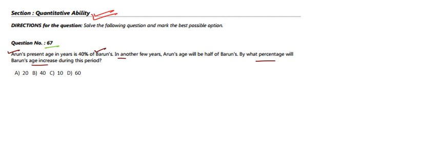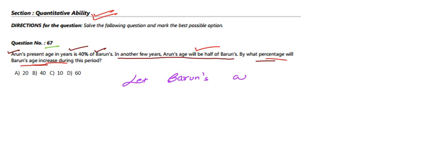In the middle we have: in another few years Arun's age will be half of Barun's. So first we have Arun's present age is 40% of Barun's, and after a few years Arun's age will be half of Barun's. We need the percentage that Barun's age increases during this period. So let us begin. We need to consider Barun's age.